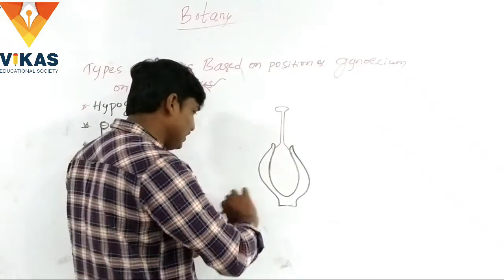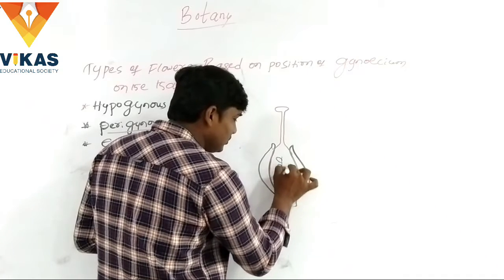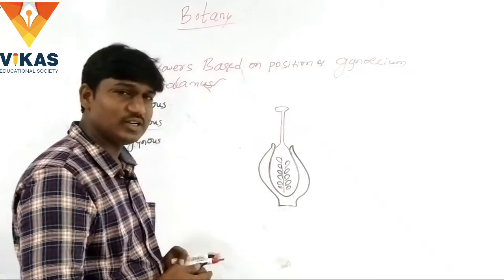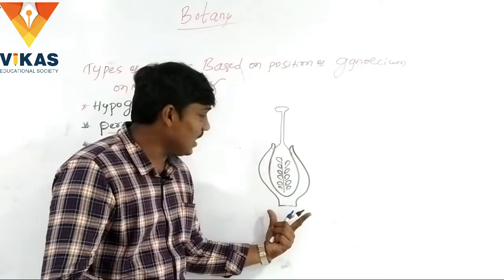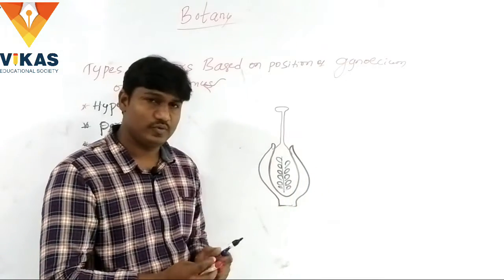What is present inside the ovary? There are so many ovules present inside the ovary, and the thalamus is completely enclosed to the ovary.